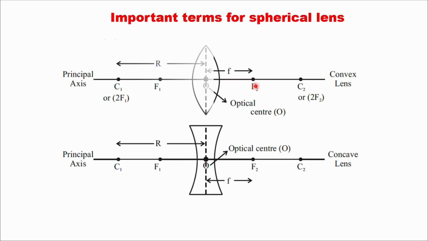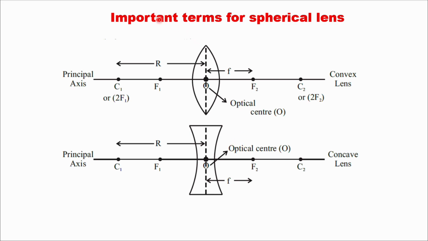So now discuss the important terms of a spherical lens. There are two lenses, that is the concave and convex. Just observe these two diagrams. The first one is the convex lens, the second one is the concave lens.